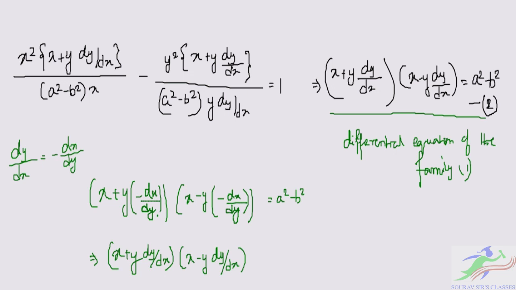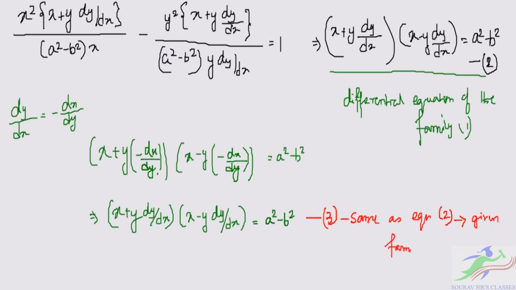This is equal to a square minus b square, and this will be equation 3. Equation 3 is the same as equation 2, the differential equation of the given family of curves represented by equation 1.